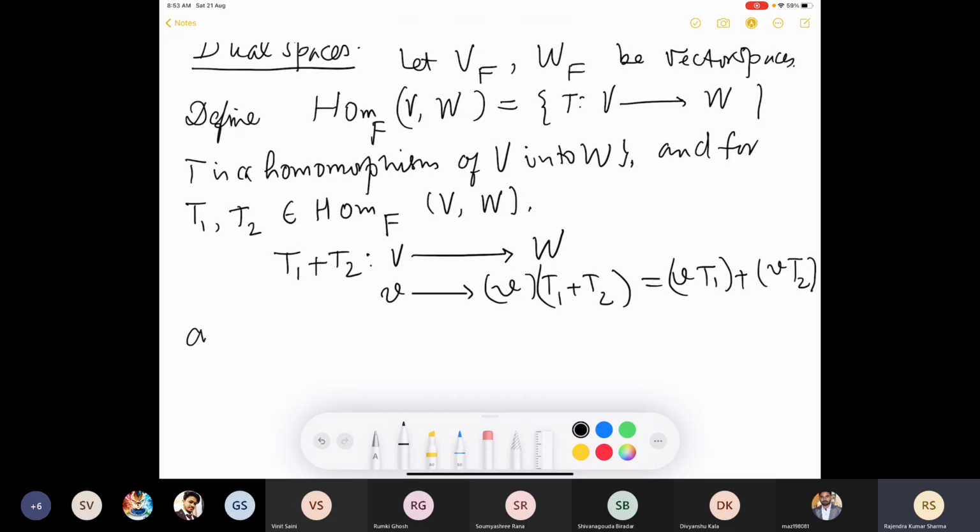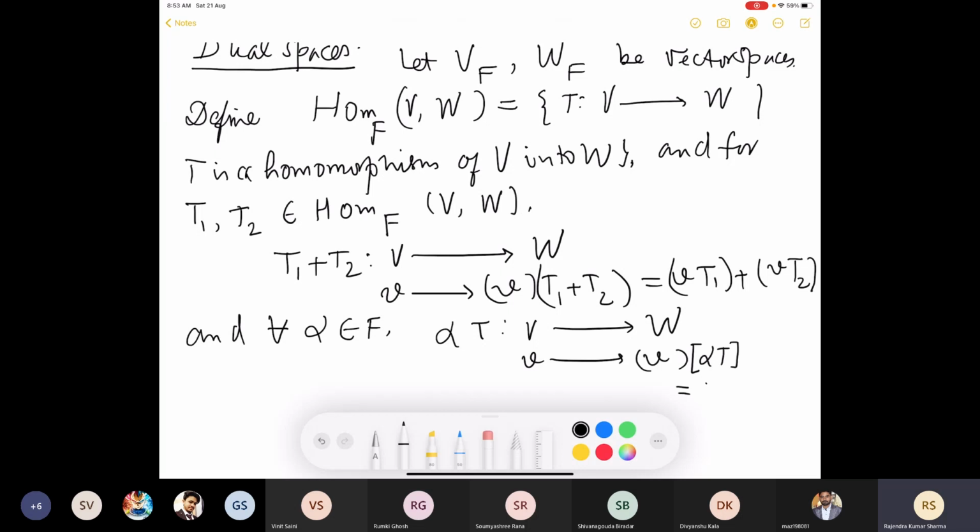Define like this, and also the scalar multiplication: for every alpha in F, the map alpha T from V to W takes v to v under alpha T, which is the same as alpha times vT. So we define the two operations, the addition and the scalar multiplication, on elements of Hom(V, W), which consists of the homomorphisms of V into W. First of all, that the maps are well defined is for you to prove.